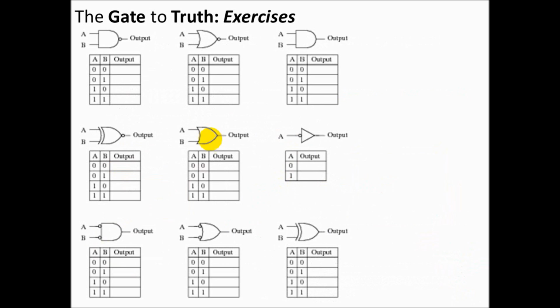So this gate, alright, A and B, results in what output? This gate, A nor B, results in what output, and so on and so forth. This is a little exercise that I want you to do, especially because you're missing this particular lesson on Friday.